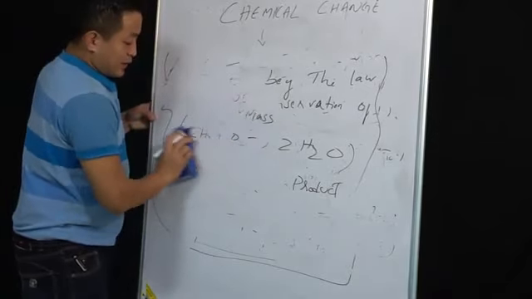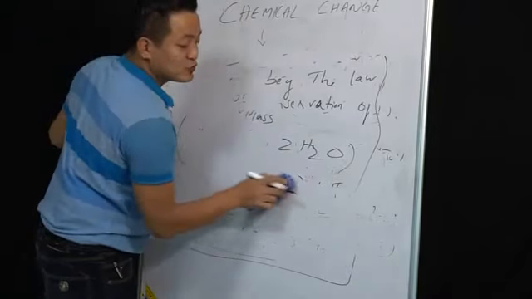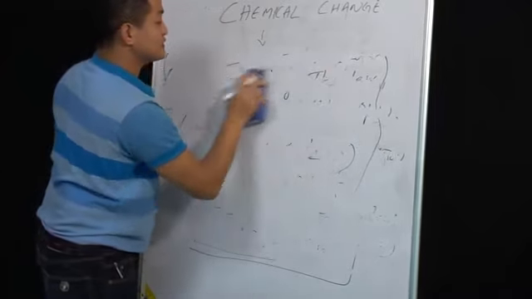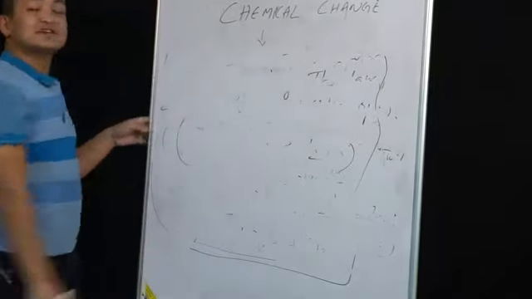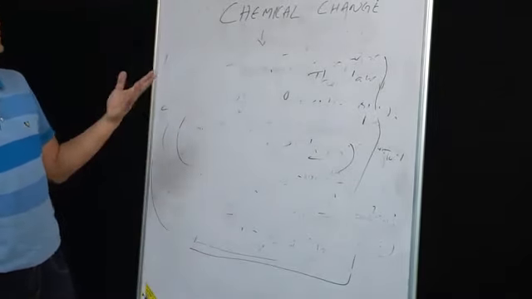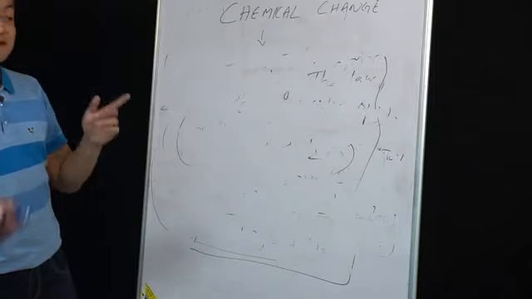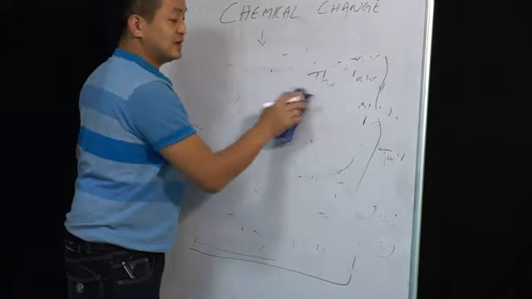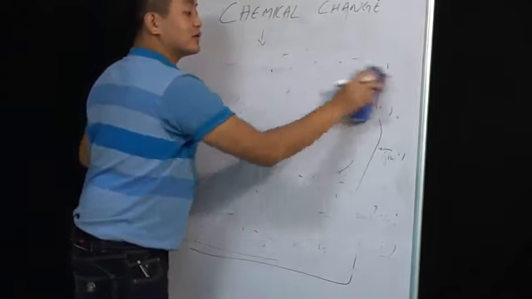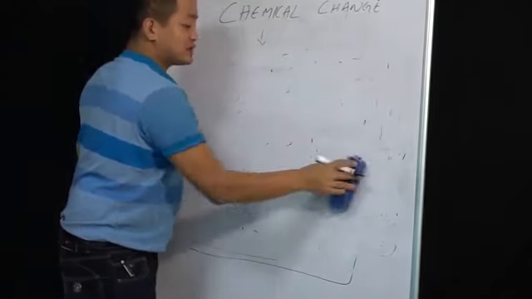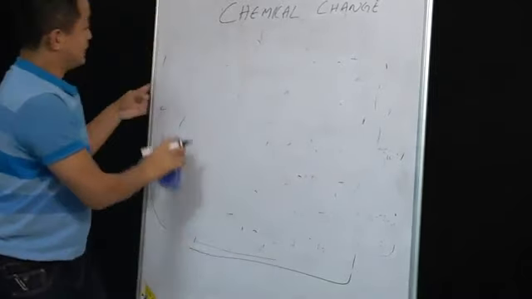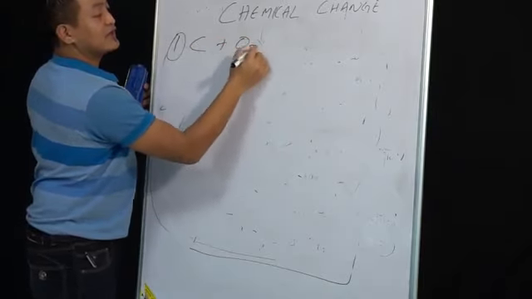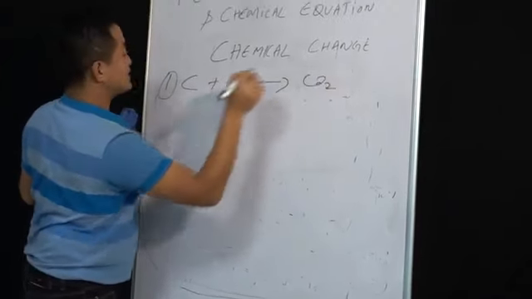Now, the next topic is how to balance a chemical equation. In the exam, you'll be given just a word equation. From the word equation, you have to convert it into a chemical equation, and then balance it. Let me give you some example equations. First, carbon and oxygen, which give carbon dioxide.